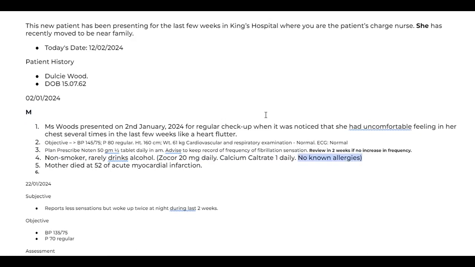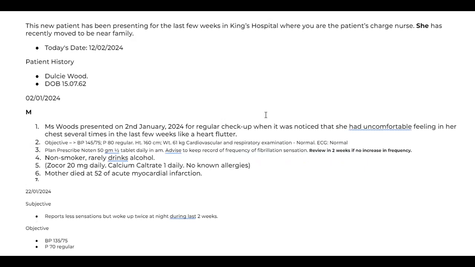You only have to mention the medicines that the patient is taking right now. Otherwise, it has no relevance in this area. All right, so this will be in the past medical history area.